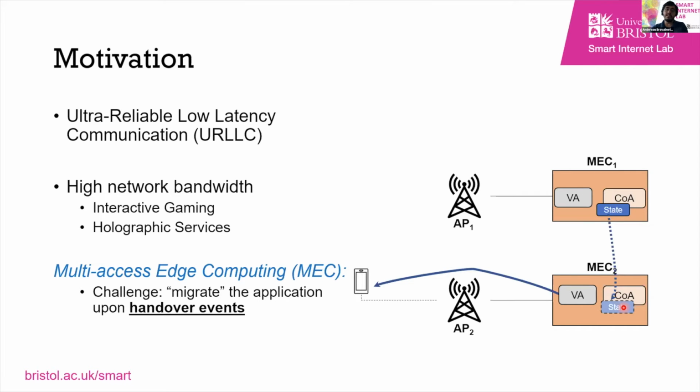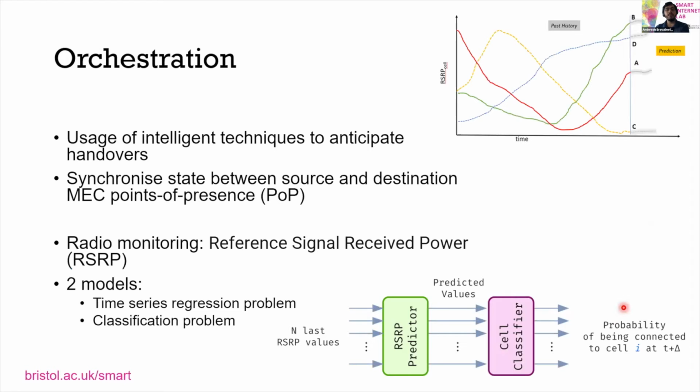So it's very difficult because creating a new instance of the application and migrating the state takes time. So what we have been proposing is the usage of orchestration and intelligent techniques to anticipate these handovers and start synchronizing the state before the handover actually takes place, right?